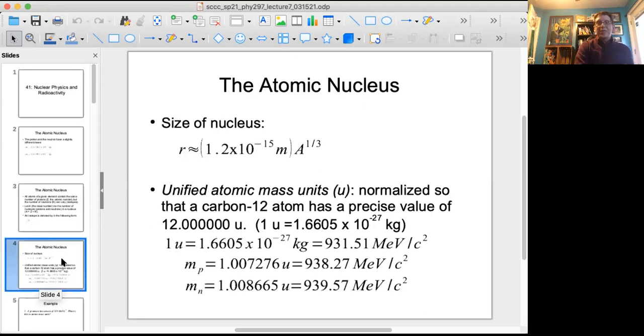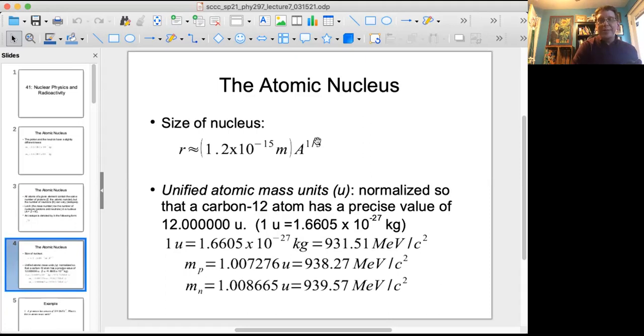The size of a nucleus is approximately given by this formula where you have 1.2 times 10 to the negative 15 meters, that's the size of a hydrogen nucleus, one proton, multiplied by the mass number to the 1/3 power.